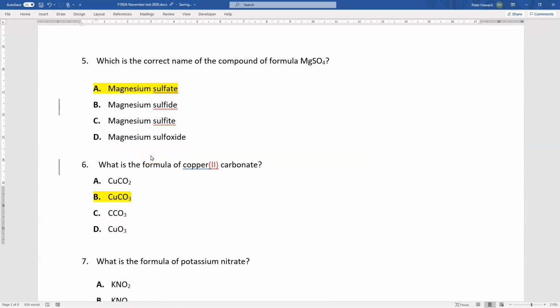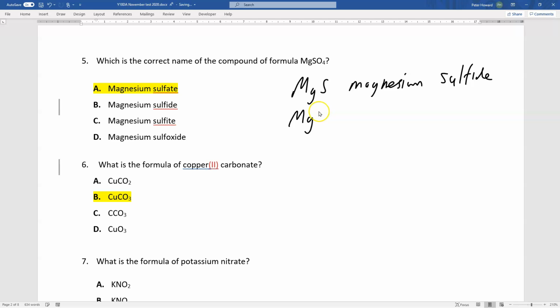What's the correct name of MgSO4? If it was MgS, which is one compound you've met, that would be magnesium sulfide. If it's got metal and then two other elements where one is oxygen, for example like this, the ending of sulfur becomes sulfate, magnesium sulfate.